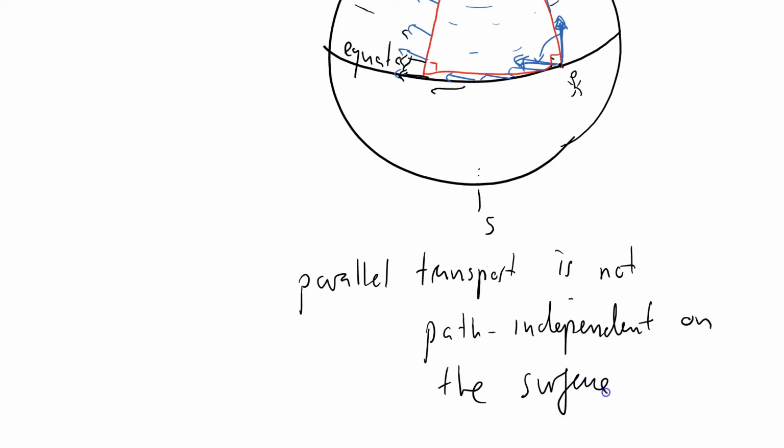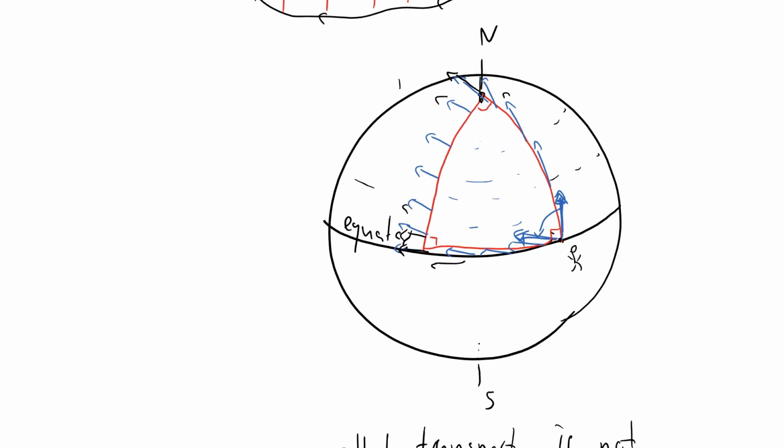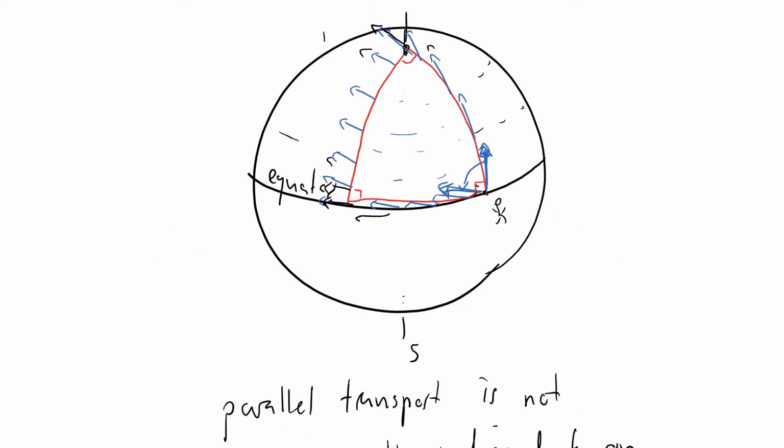Which is quite interesting, really. Of course, what's happened is he's fooling around in three-dimensional space, and yet your little person is trapped on the two-dimensional surface of the sphere.